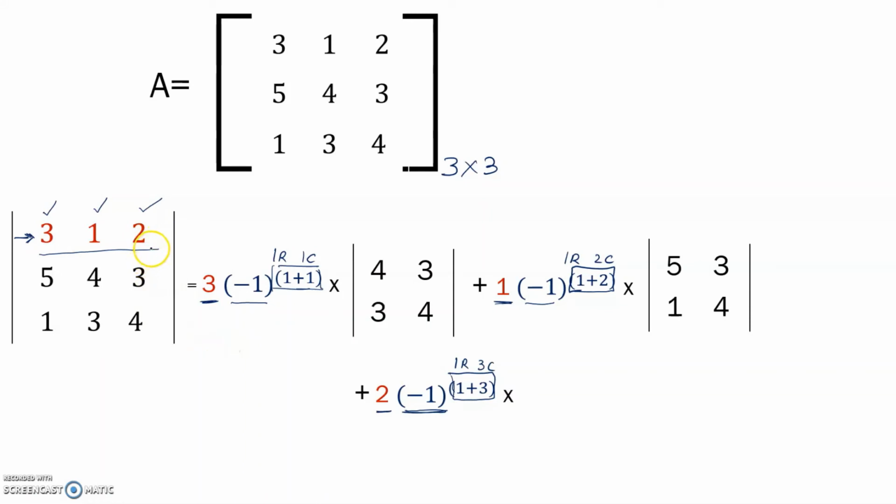To find the minor of 2, eliminate the items in the same row and in the same column. So now you have this matrix 5, 4, 1 and 3. So let's bring that over here.